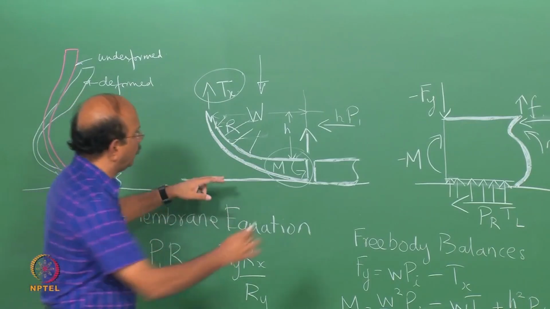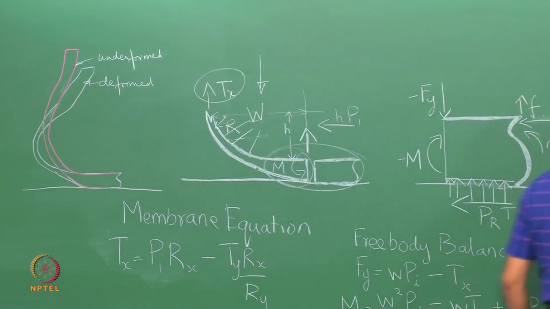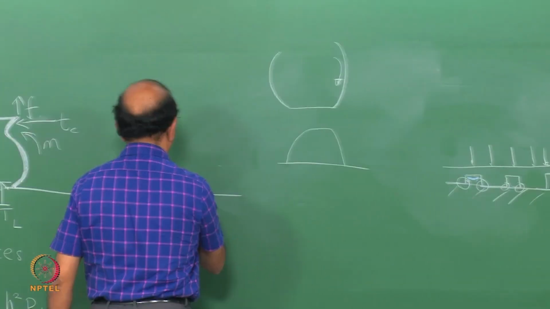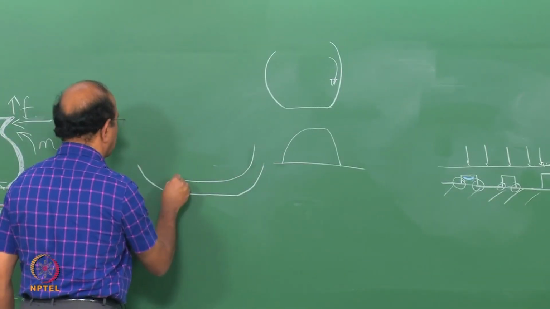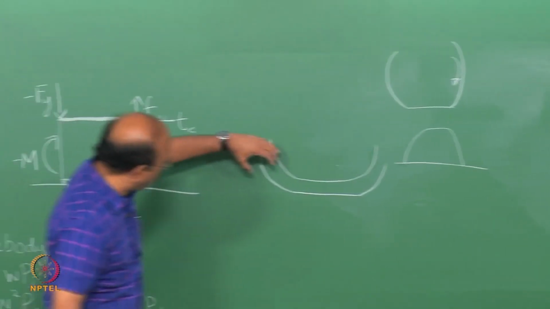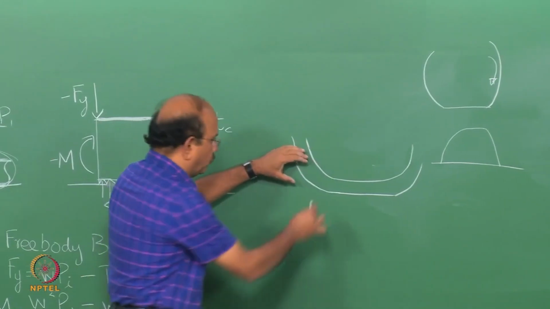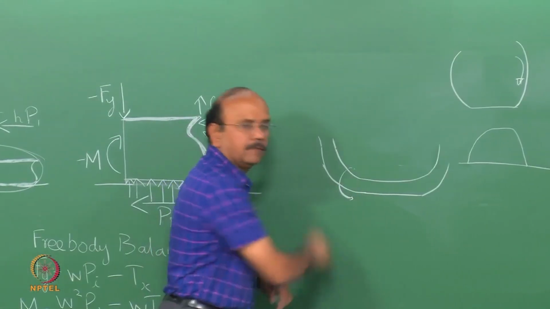Let's expand that. So that's the side wall. Now assume that this whole thing is now bent, and so we have a bending moment acting at this place as you had seen there.